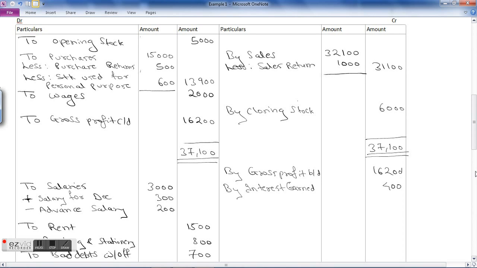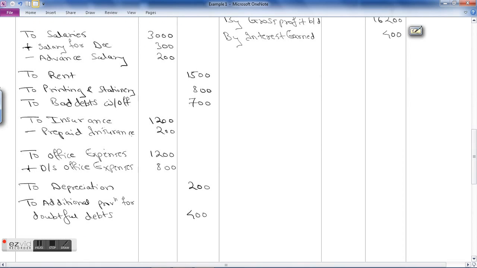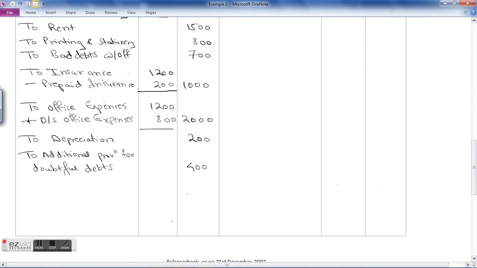Okay, here also we'll do all the internal adjustments. Salaries 3,000 plus 300 minus 200, so that makes it 3,100. Then insurance is 1,000. Then office expenses is 2,000. So let's total.